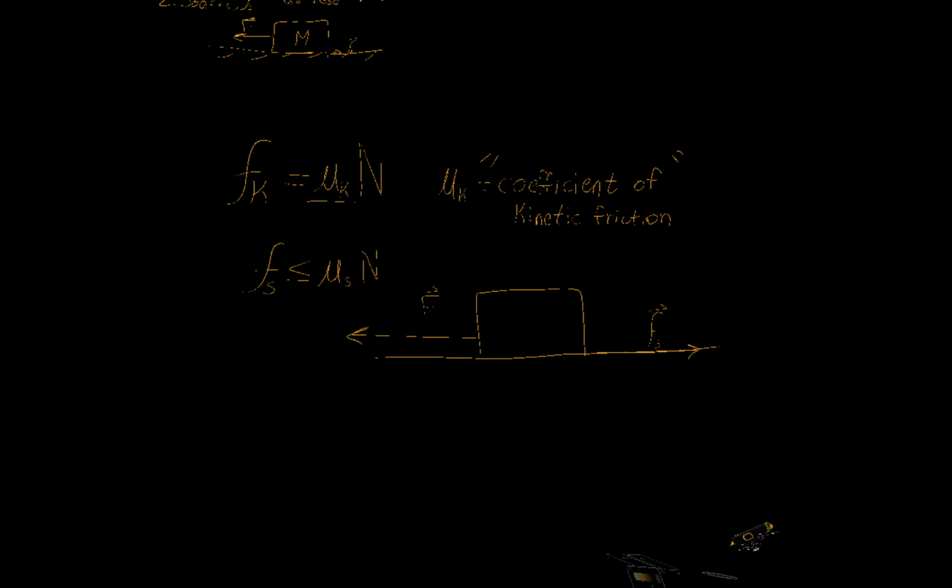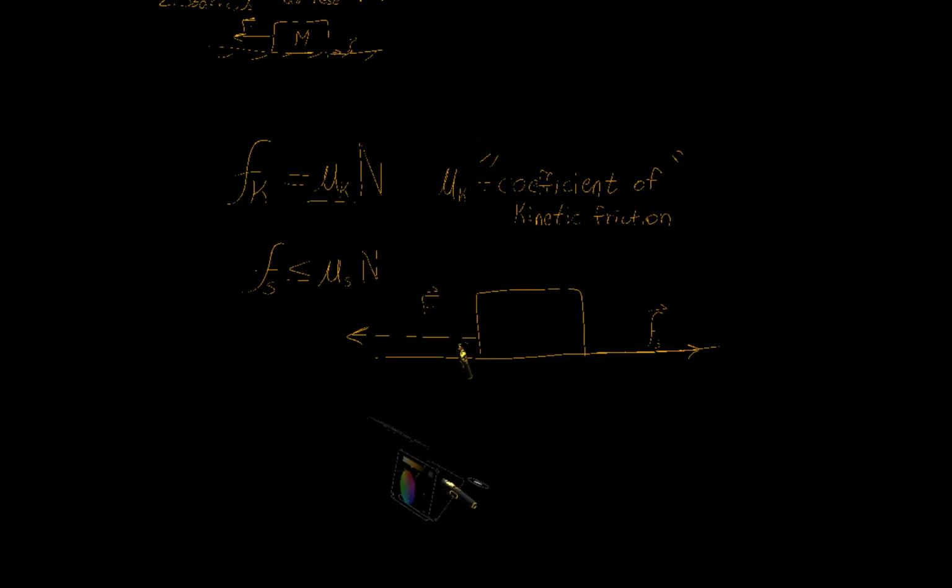Or less than that even. So just that exact threshold, the maximum that you could push with the box not moving, that is when it's equal to. That's when you get the equal to part. But before that, when you're pushing less than that, the static friction force is just matching your push.